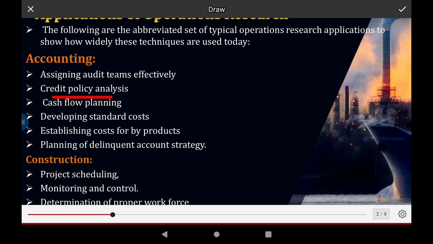The next option is cash flow planning. Suppose some workers perform work in your plant, and the monthly payment of the workers is given.